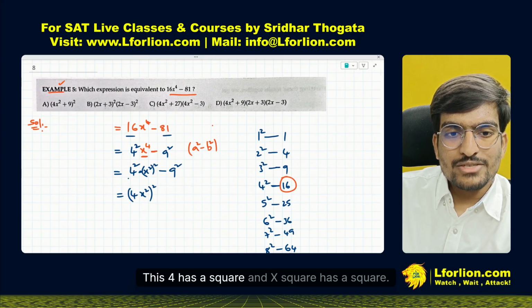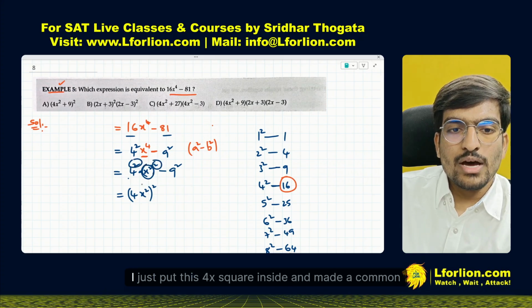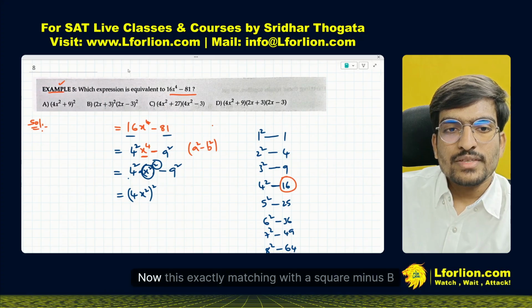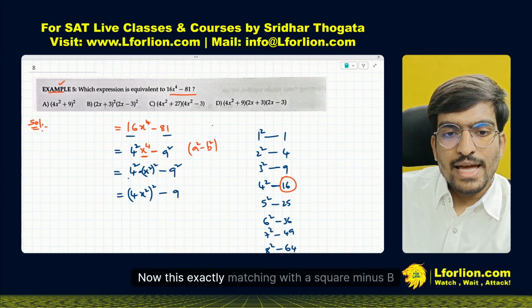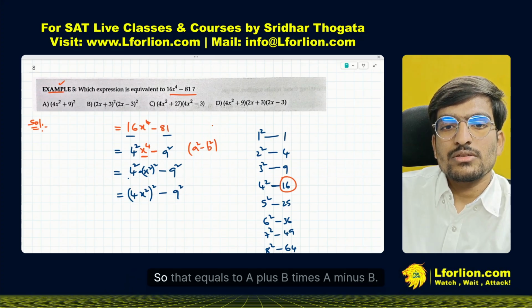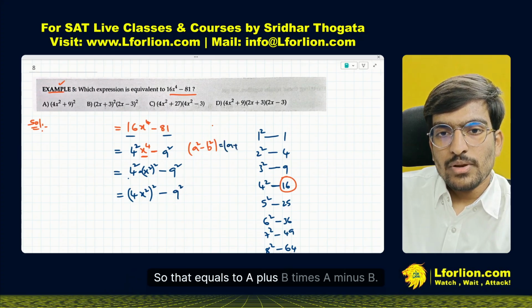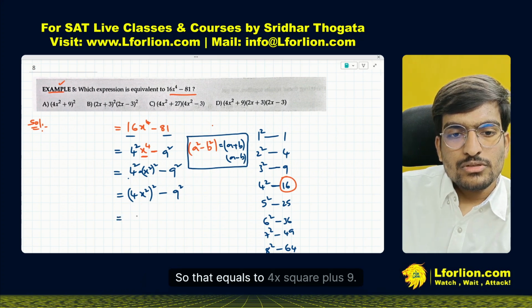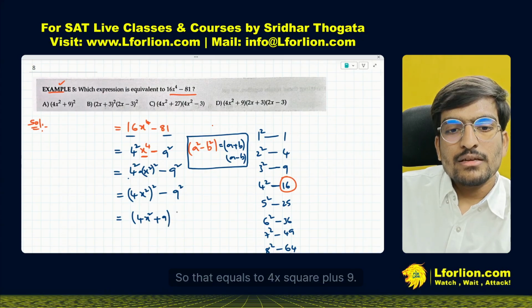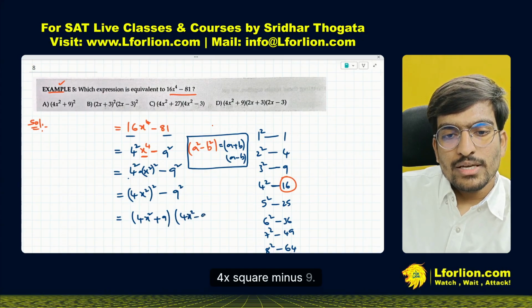This 4 has a square and x square has a square. I just put this 4x square inside and made a common square. Now this exactly matches a square minus b square, which equals (a plus b) times (a minus b). So that equals (4x square plus 9)(4x square minus 9).